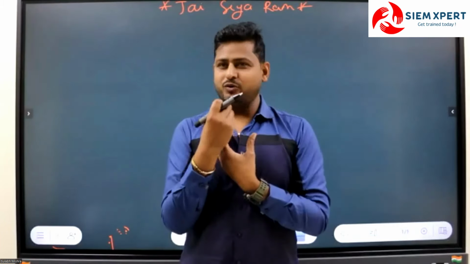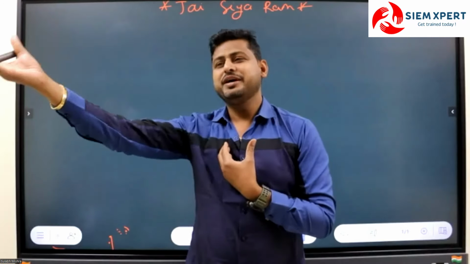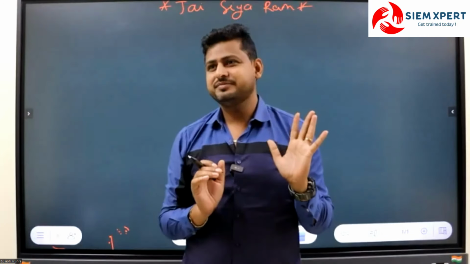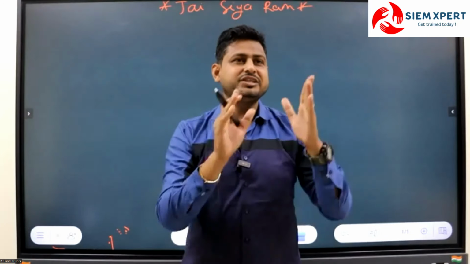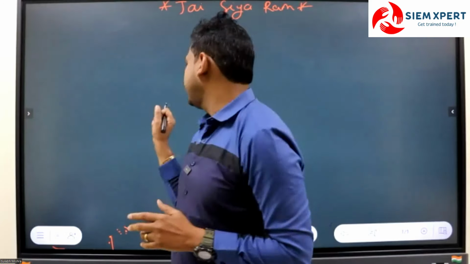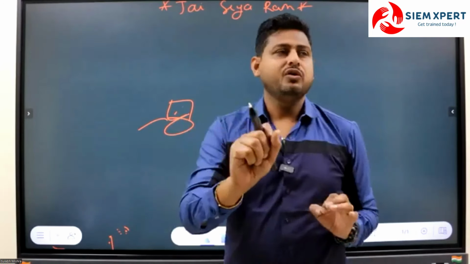You create the account on the domain controller, and that is called a domain account. When you create an account on a particular system, that account is called a local account.